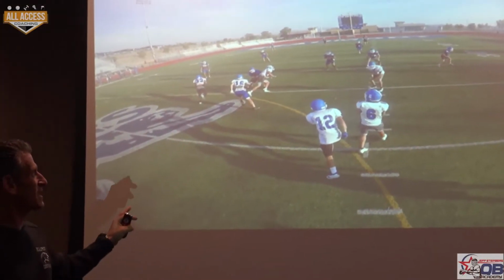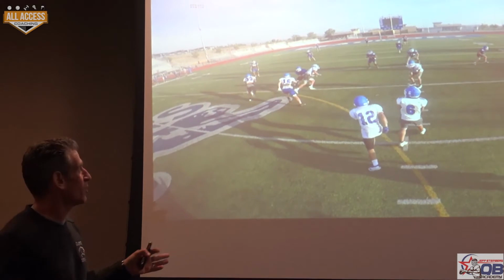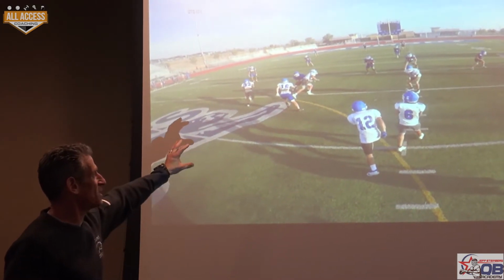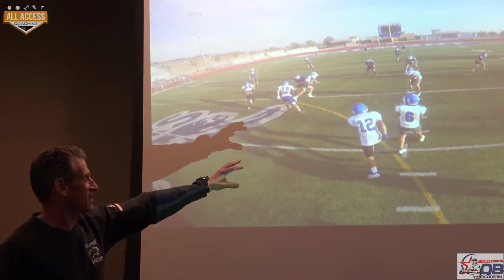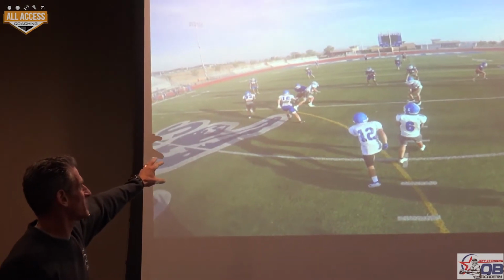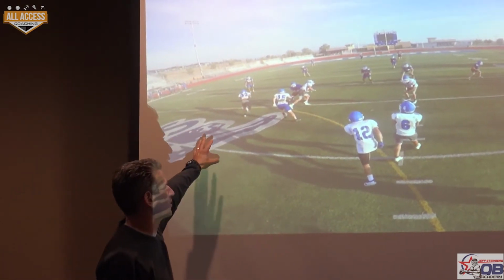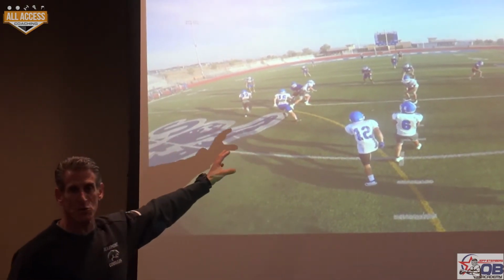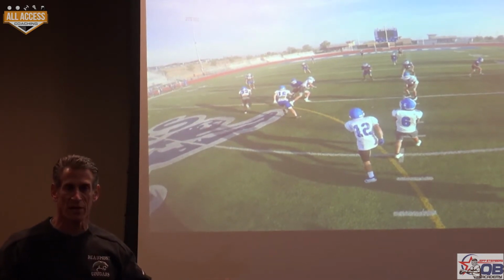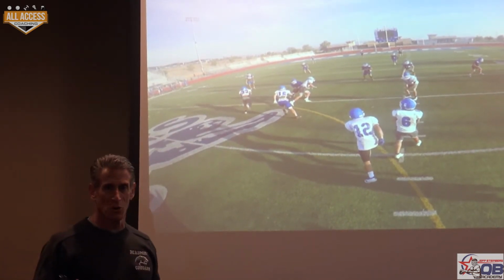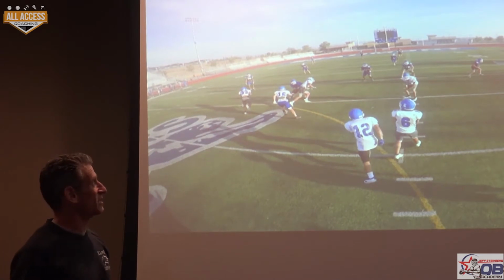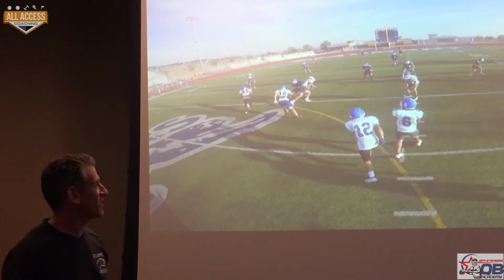This is now an example of how we would use the GoPro to teach a read concept from the quarterback's perspective. So this concept is a spacing concept that we're going to run. It's an object receiver read, which in one of the later lessons or videos, you'll be able to understand how we teach the different reads in our offense.